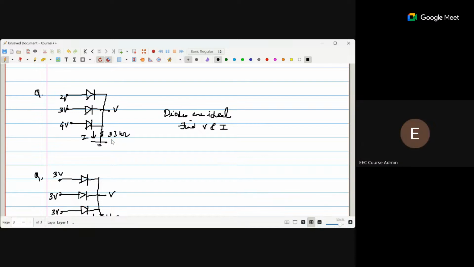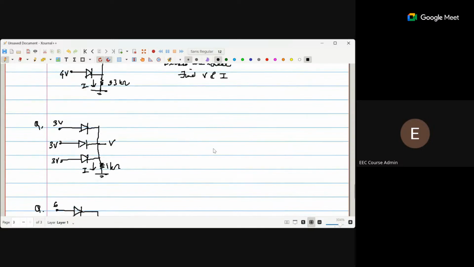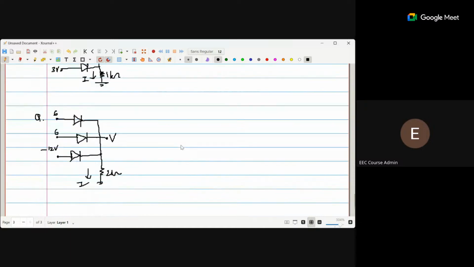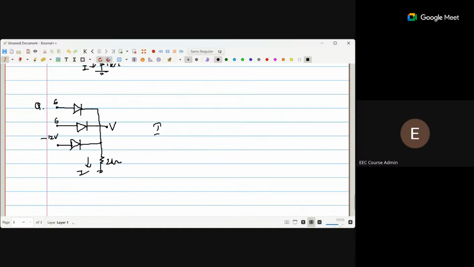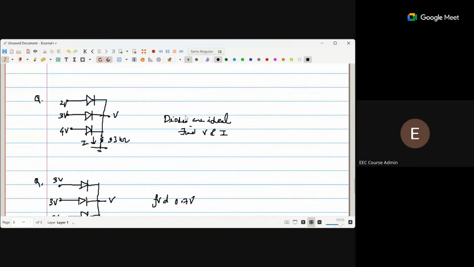You can consider here if it has a forward voltage drop of 0.7 volts. Here you may consider a diode ideal. Four volts. Yes, in the first case, 1.3 milliamps.